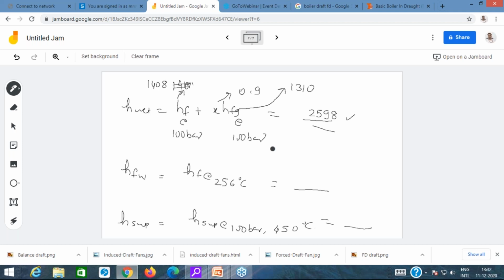Either you can use the steam table or you can use this formula 4.187 into 256. That should give you the enthalpy of feed water. Okay, so Kunal is giving me this answer, 1072.6, for enthalpy of feed water.